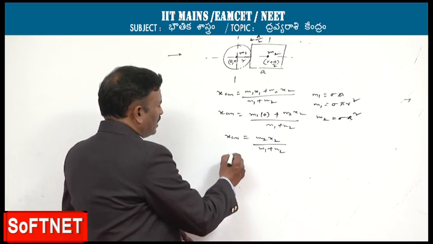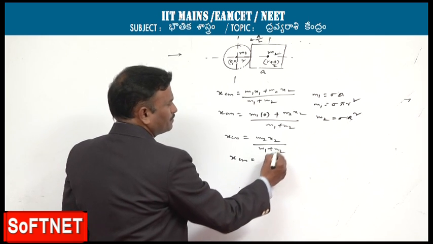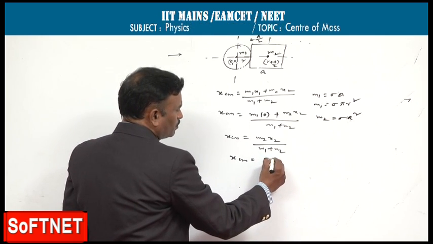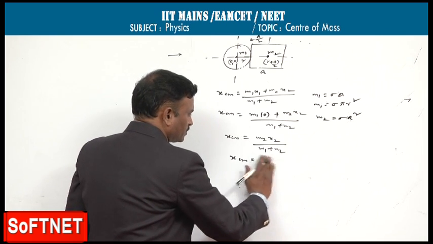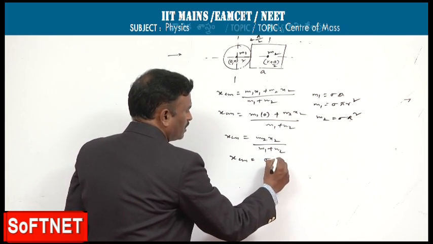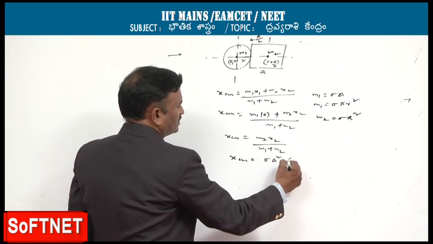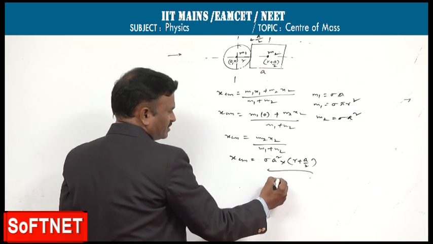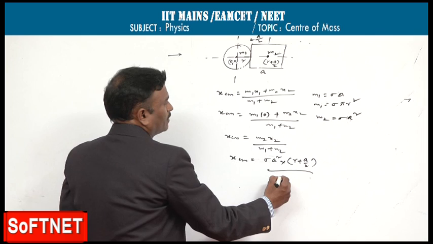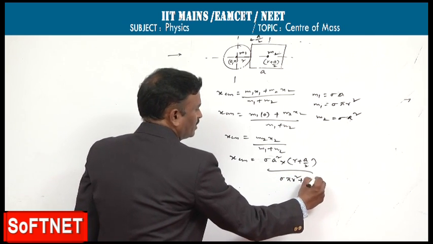So now let us substitute. xcm is equal to m2 is sigma into a square, into x2, the distance, r plus a by 2, whole by m1 plus m2, which is sigma into pi r square plus sigma into a square.